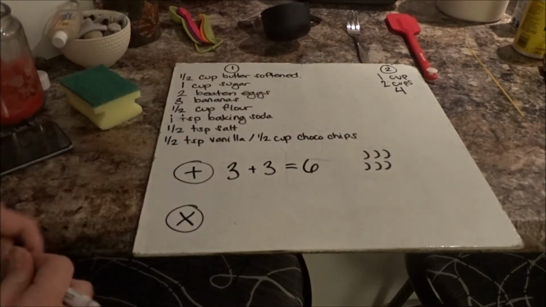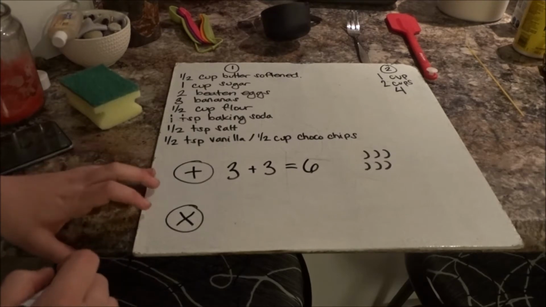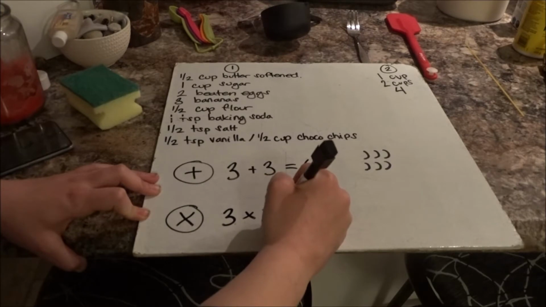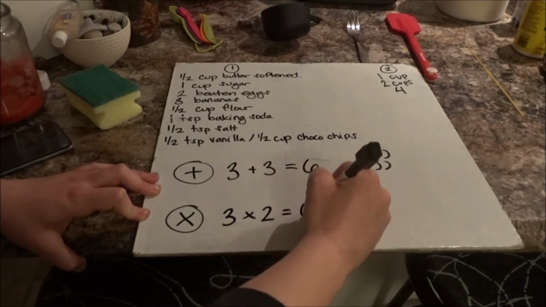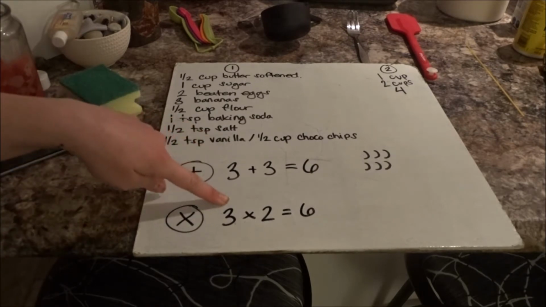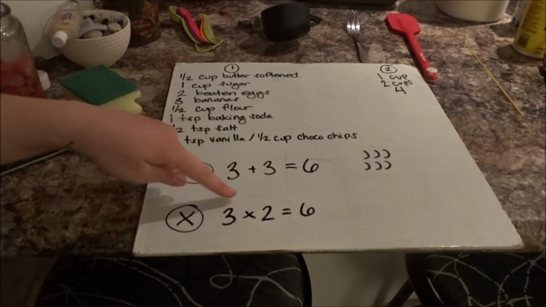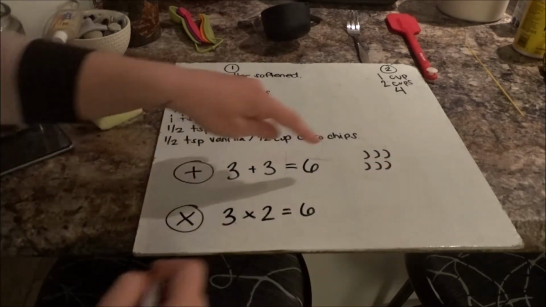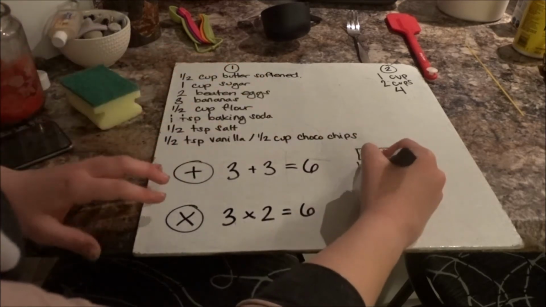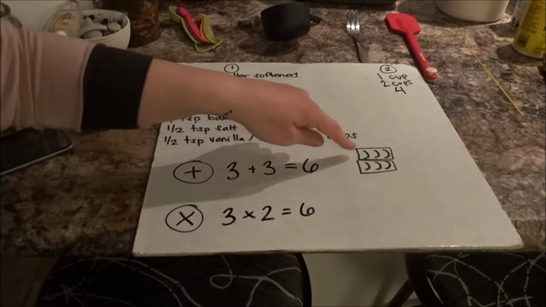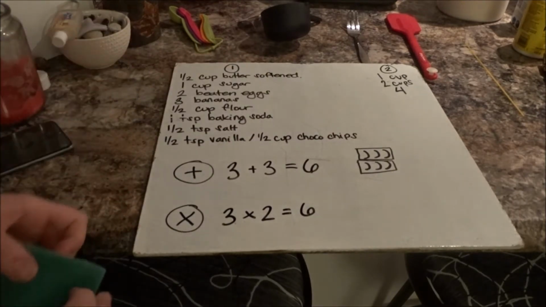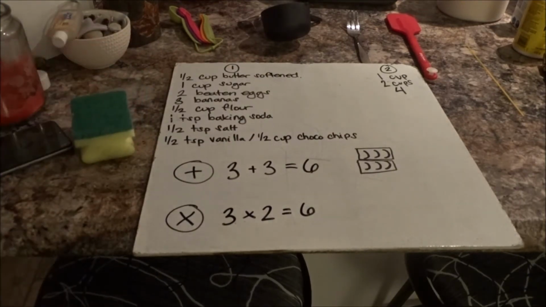All right, so we know that we need 6 bananas. Now the other way of looking at this would be 3 times 2 equals 6. So 2 groups of 3. This is one group here, and this is the other group here. So we've got 2 groups of 3. Awesome. So 6 bananas.